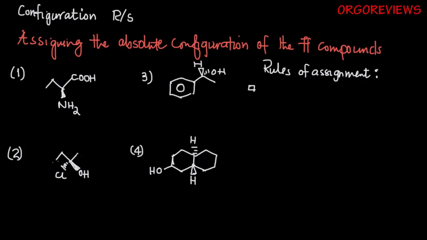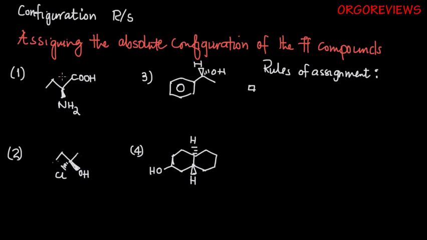Next, let's look at how to assign the absolute configuration of the following molecules and the rules that govern it. So, looking at the molecules, the first thing you need to know is that you have to identify the chiral centers. So, let's try and identify the chiral centers in these molecules. For number 1, the chiral center is located right there.